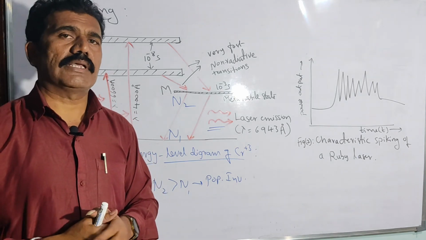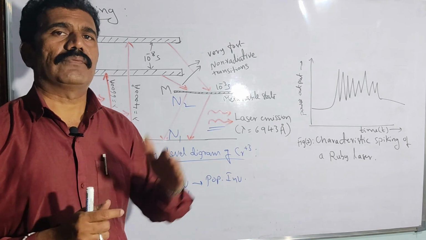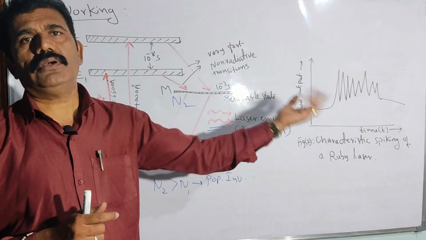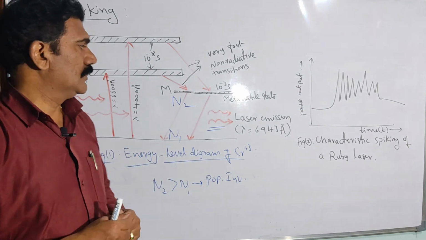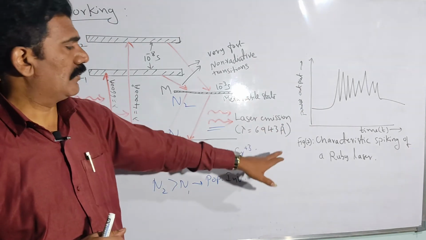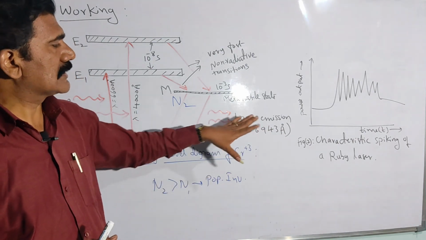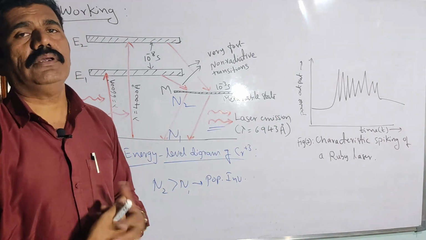Once the saturation is achieved, the laser beam is emitted out of the ruby crystal from the partially silvered side. Such a laser emission will have a wavelength of 6943 angstrom units. But in this case, we cannot expect continuous laser emission from the ruby laser.